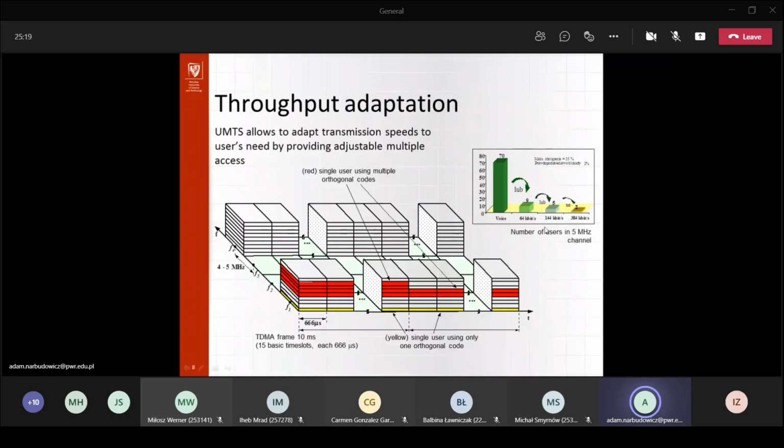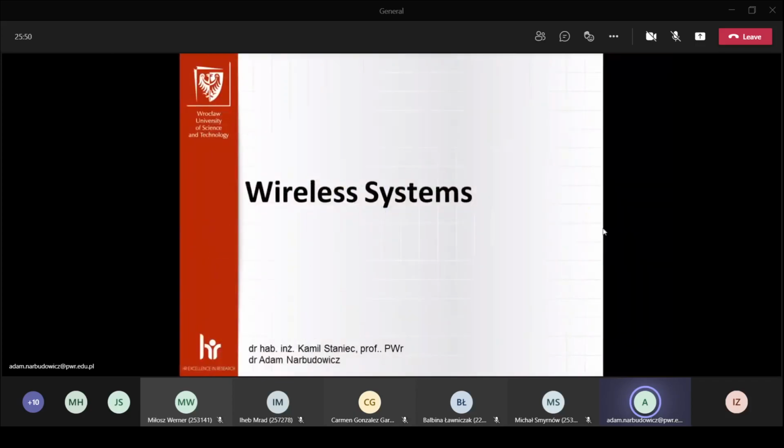Then if we want to do some data transmission, we can serve within the same resources, right? So with the same bandwidth, we can have 9 users requiring 64 kilobits per second, 5 users 144, and 2 users with 380 kilobits per second. Okay, and again, the adaptability is that you can mix and match within the same resources. So that's a significant added value of the system.